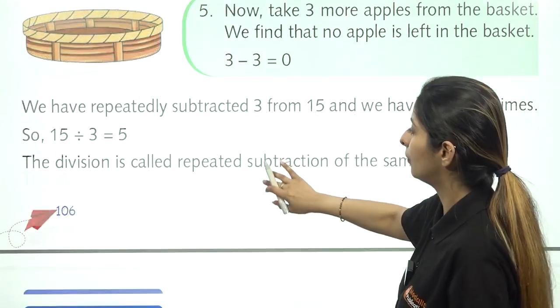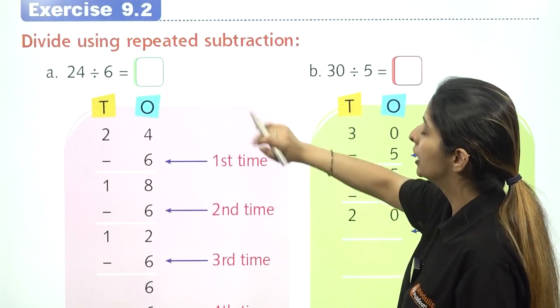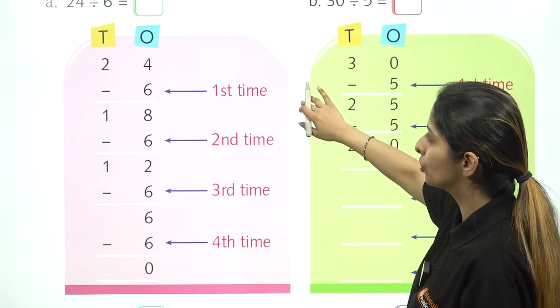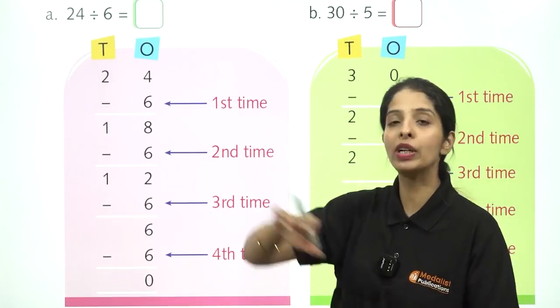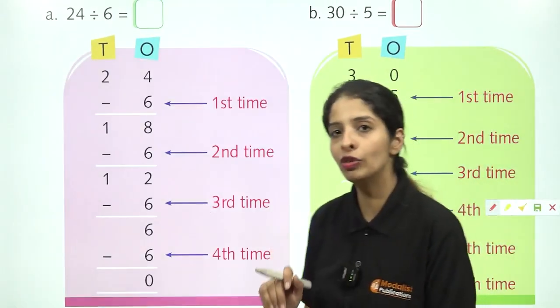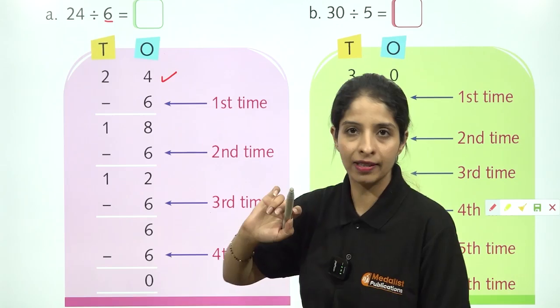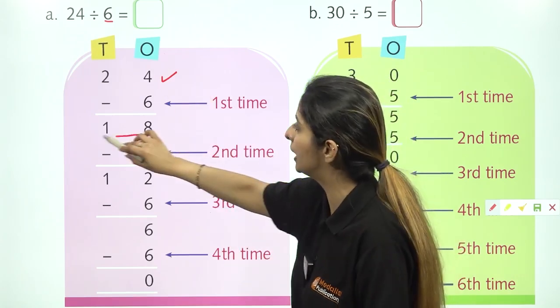Next. Now, exercise questions are given to you. Divide using repeated subtraction. You have to divide 24 by 6 by doing repeated subtraction. So, what you will do? You will divide 24 by 6. 24 minus 6 will get 18.